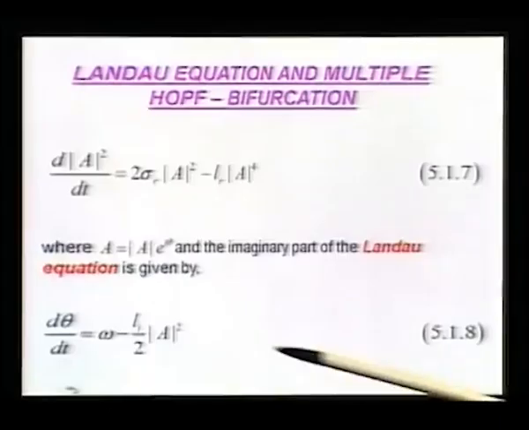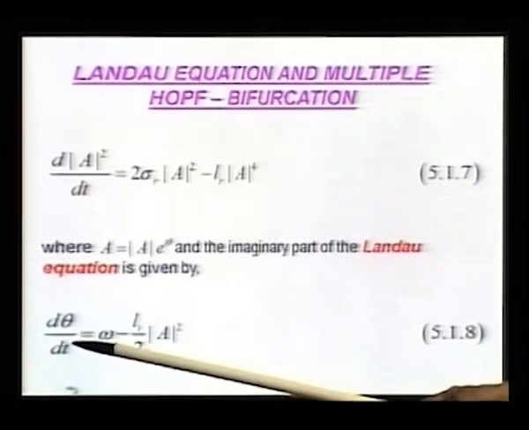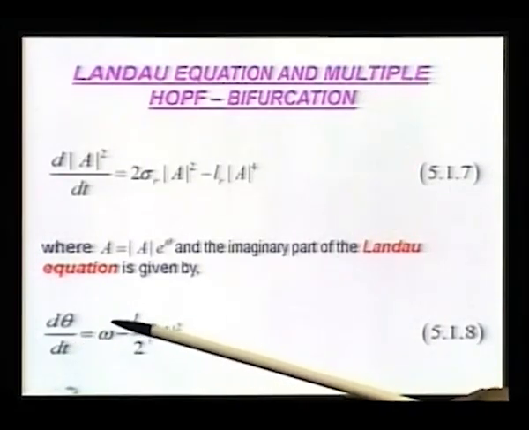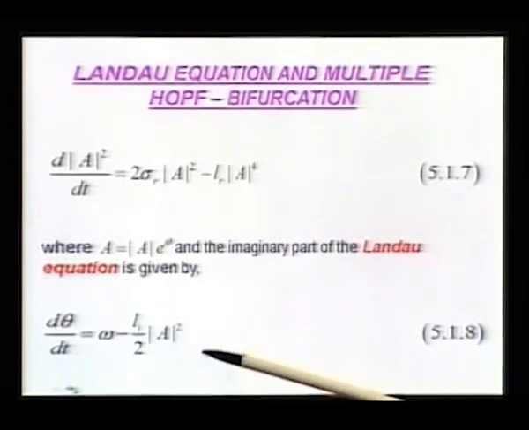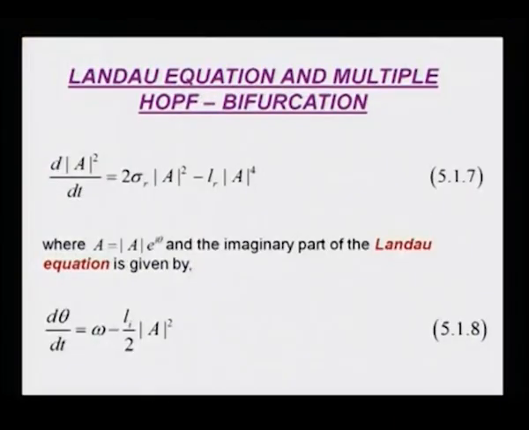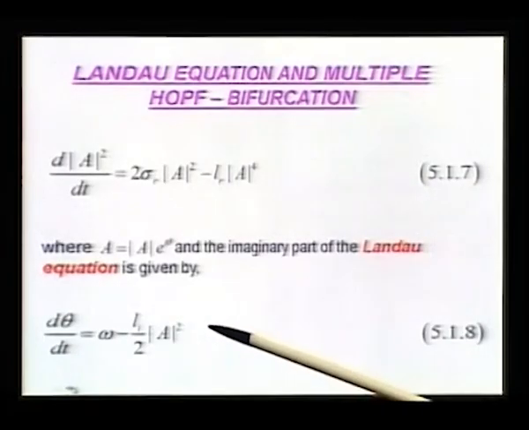That your actual frequency not only depends on what you get from your linear theory, but it also gets modified due to nonlinearity. And you can very clearly see this frequency is amplitude dependent. It depends on A square, right?